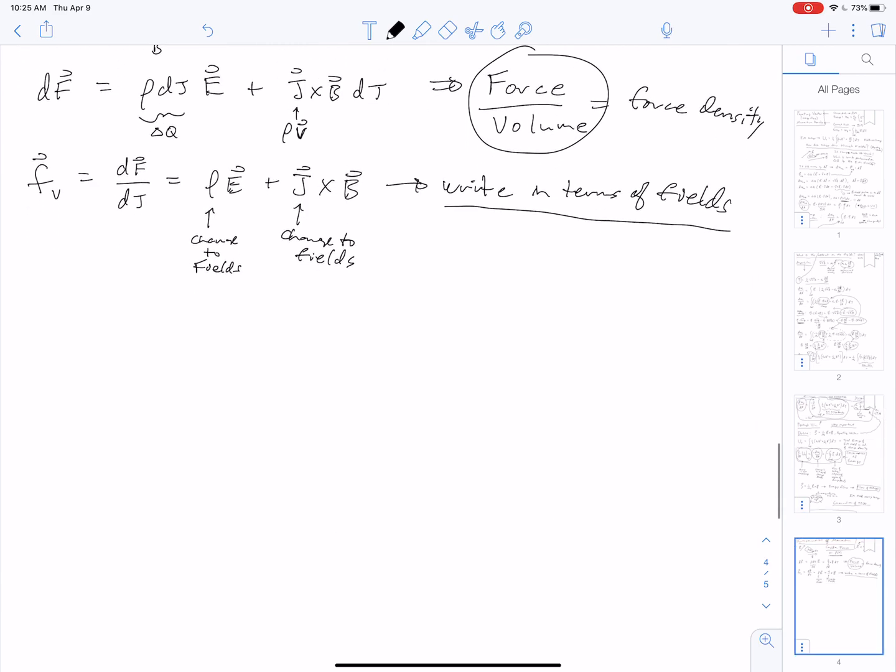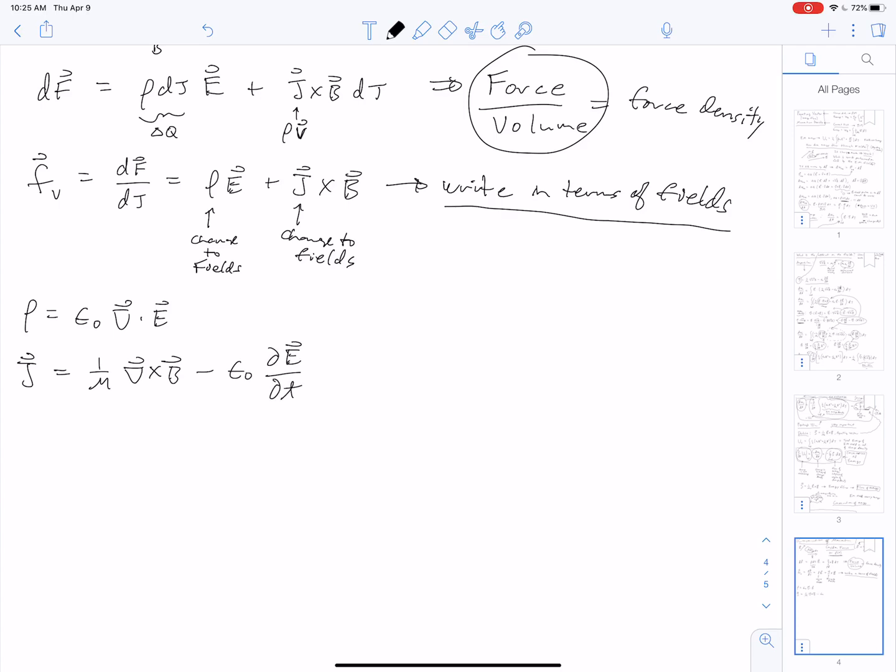Well, if we have charge density or current density, we can write it in terms of the electromagnetic field using Maxwell's equations. If there's some charge density, then there's got to be divergence in the electric field, because they are the same thing. Charge density is equal to epsilon naught times the divergence of the electric field. Similarly, if I have some current density, I can write that in terms of the curl of the B field minus epsilon naught dE/dt.